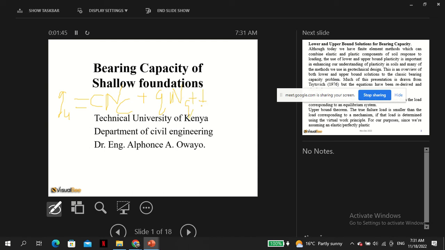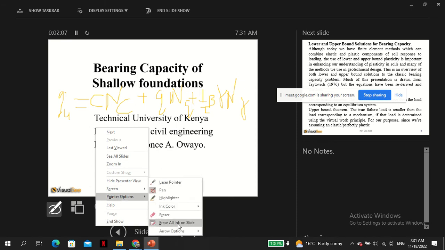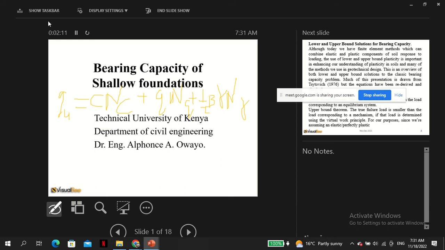plus half B gamma N gamma. So I need you to at least picture this. This C is the C from this formula.